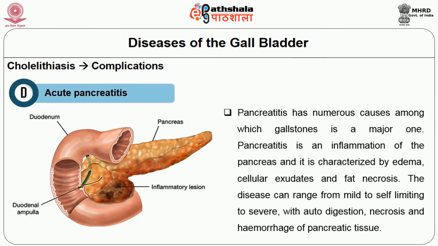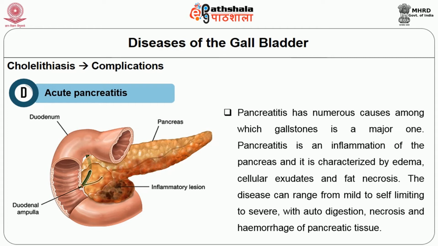Next comes acute pancreatitis. Acute pancreatitis has numerous causes, among which gallstones is a major one. Pancreatitis is an inflammation of the pancreas, and it is characterized by edema, cellular exudates, and fat necrosis.